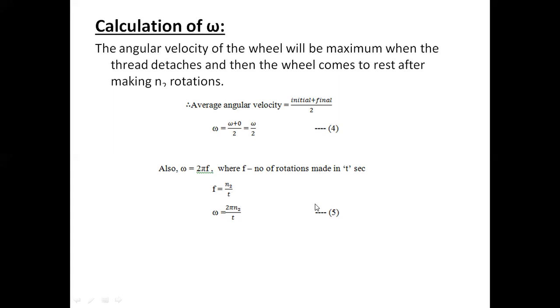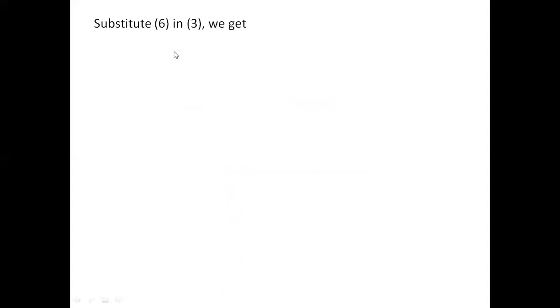Now from both equations 4 and 5, we can equate the RHS. So omega by 2 is equal to 2 pi n2 by t. Therefore the expression for omega is 4 pi n2 by t. This is equation number 6.